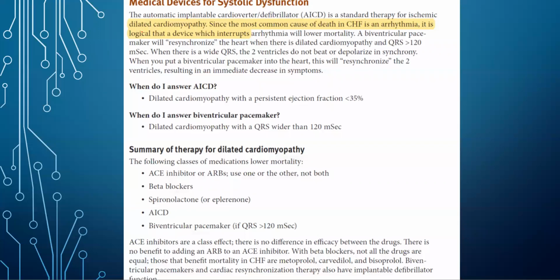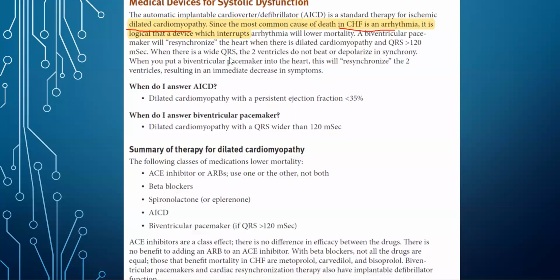The only time you use it is if a patient has ischemic dilated cardiomyopathy, because in dilated cardiomyopathy, patients usually die because of congestive cardiac failure and arrhythmia. You put in this device, which will interrupt the arrhythmia.